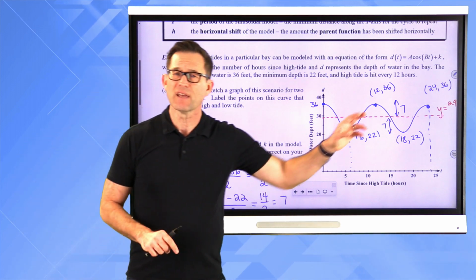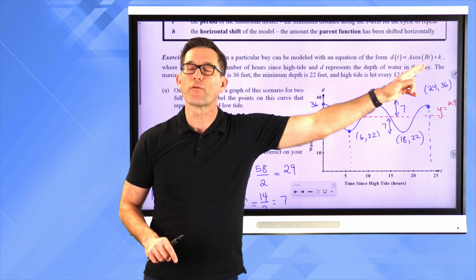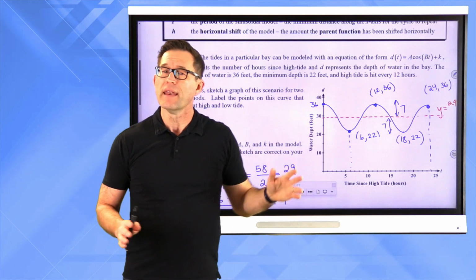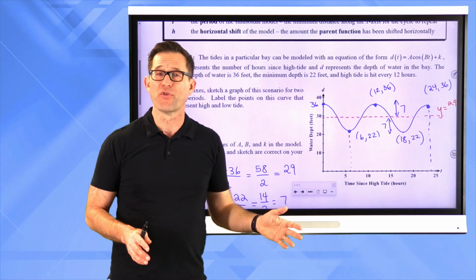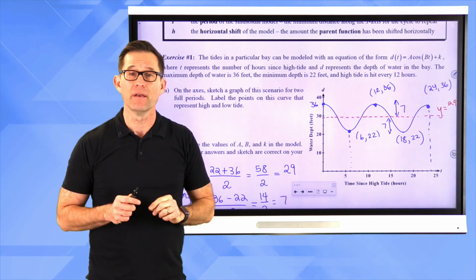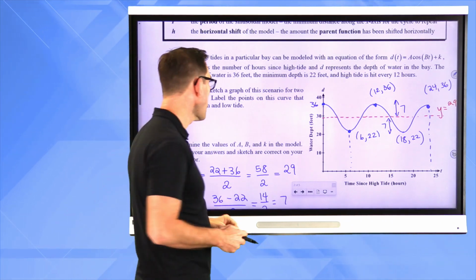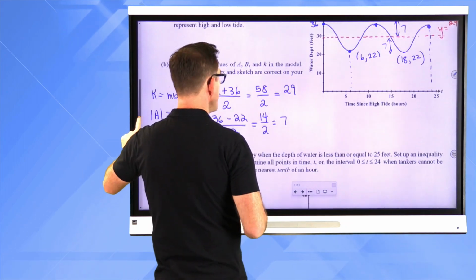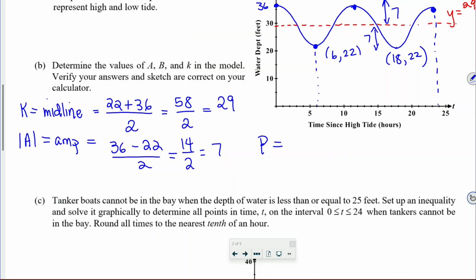Now the last thing that's in my model is my frequency, right? Now what I can definitely tell from both the graph and from the problem's description is that my period is 12 hours, okay? So we know that P is 12. My period is 12 hours, right? I know that B times P is equal to 2 pi.